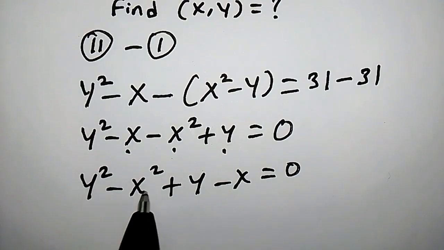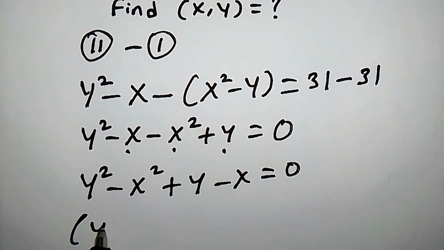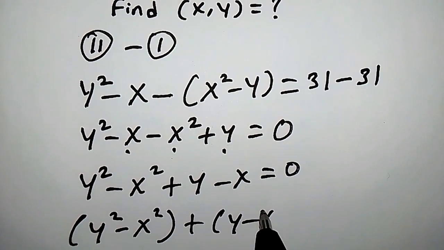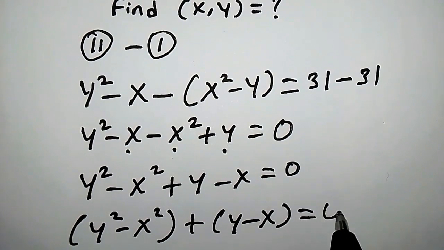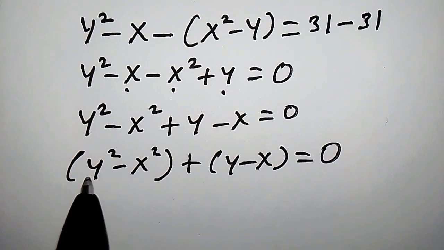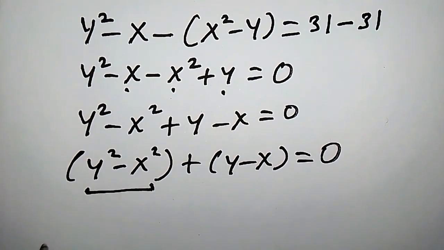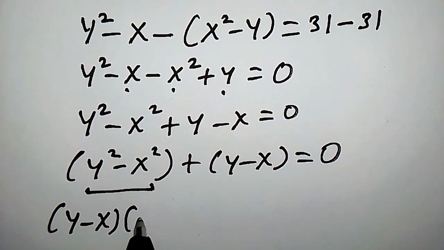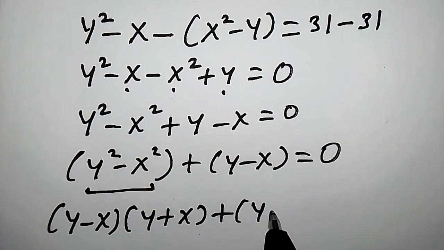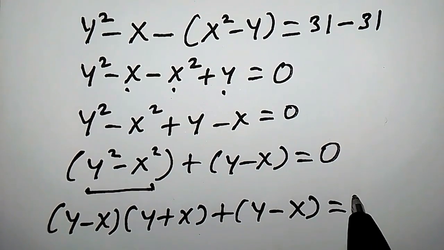Let us separate these. So we have y squared minus x squared in bracket plus y minus x in bracket equals 0. Nothing has changed. You will observe that this is a difference of two squares, y squared minus x squared, and we can write it as y minus x times y plus x, plus y minus x equals 0.